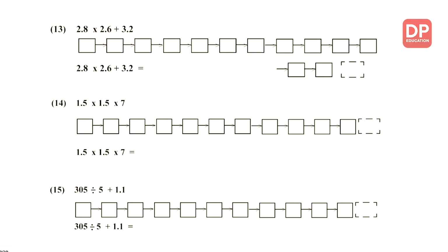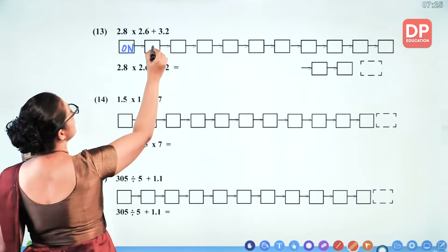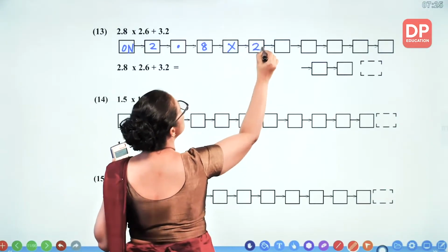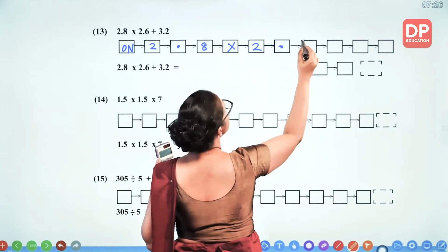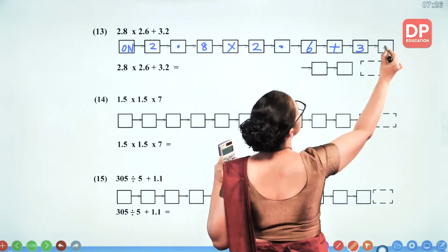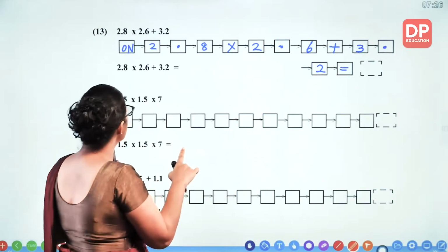Some more examples. Switch on. 2.8 multiplied by 2.6 plus 3.2. I'll do this one also.